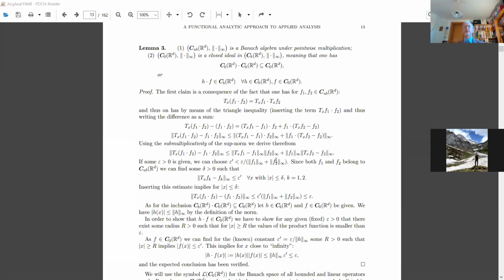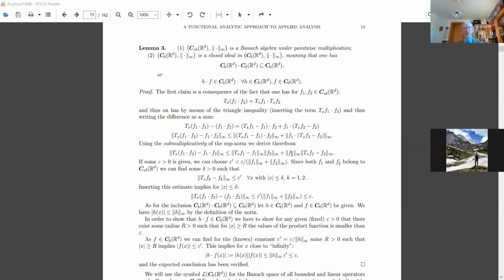Now, in this part, maybe I should mention, actually, I should not have written the sup norm of f1. I should have written the sup norm of tx f1. But you know, it's clear, if you shift a function, it doesn't change the sup norm.